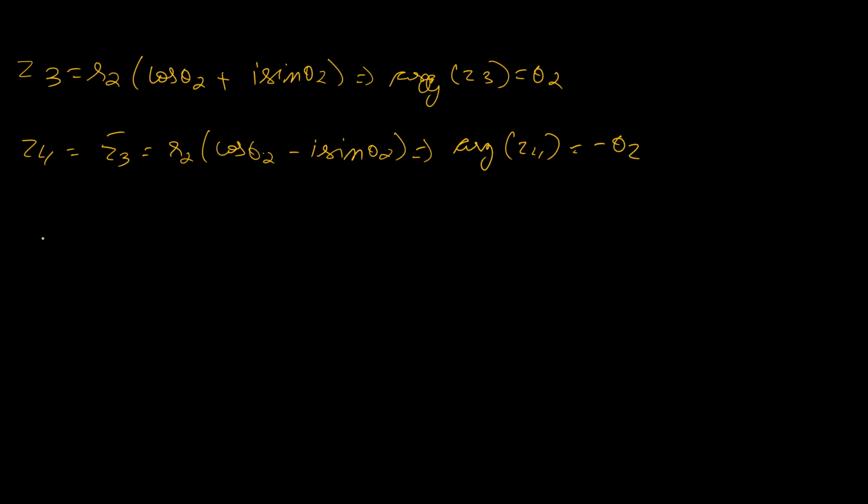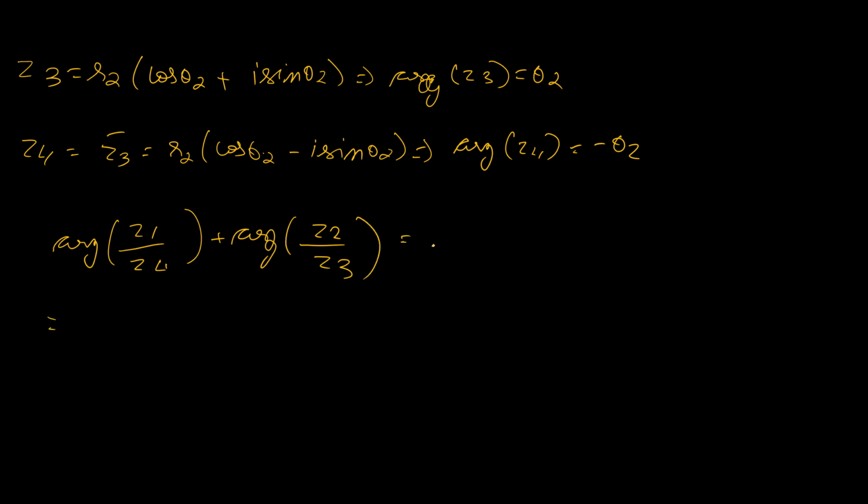Okay, so what is given in the question? We have to find argument of Z1 by Z4 plus argument of Z2 by Z3, which is equal to, from here we can write, argument of Z1 minus argument of Z4 plus argument of Z2 minus argument of Z3.